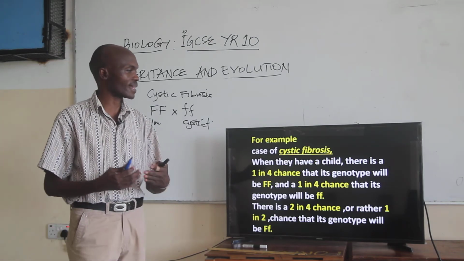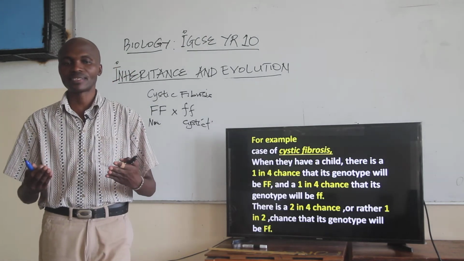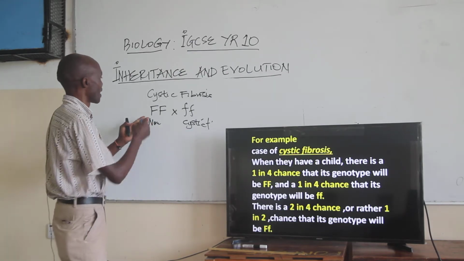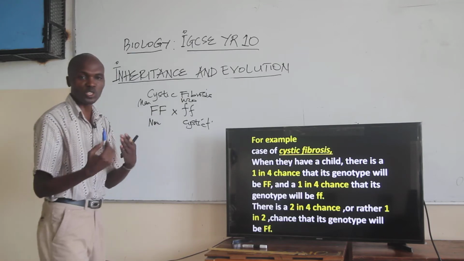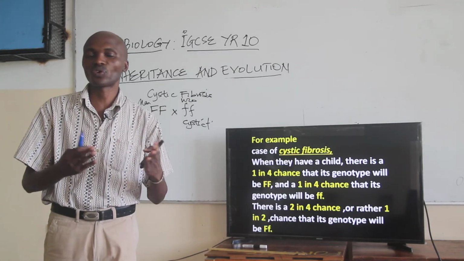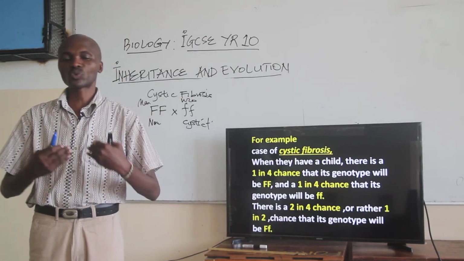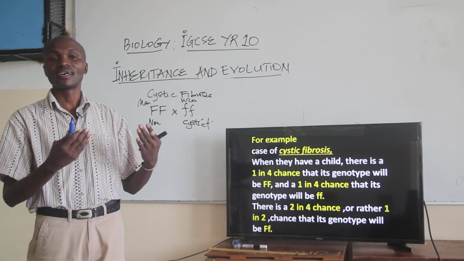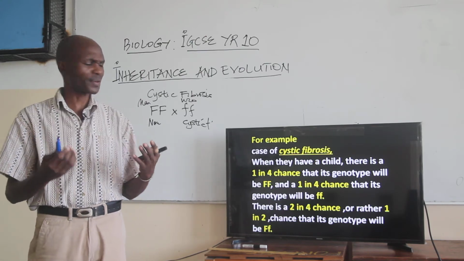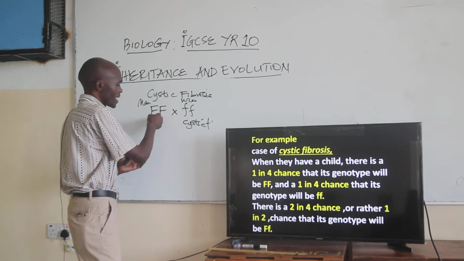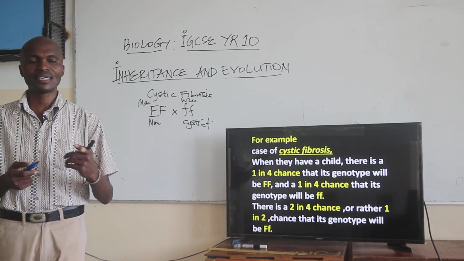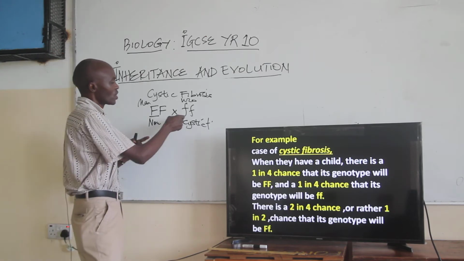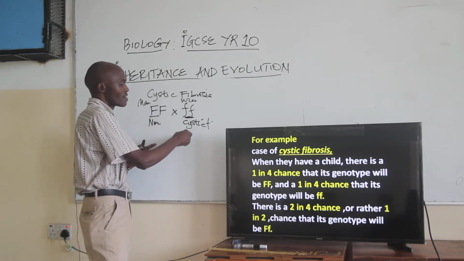So in this case, there is a possibility, if this couple happens to marry, if this one is a man and this one is a woman, that 1 out of the 4 chances, the kids will have a genotypic arrangement of homozygous F. And 1 out of the 4 chances, one of the kids could also have this.